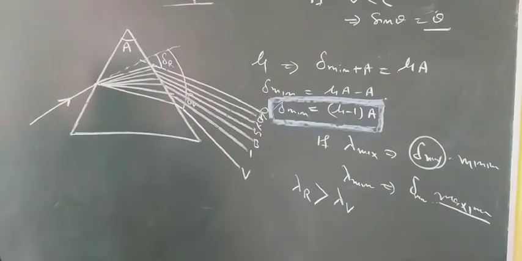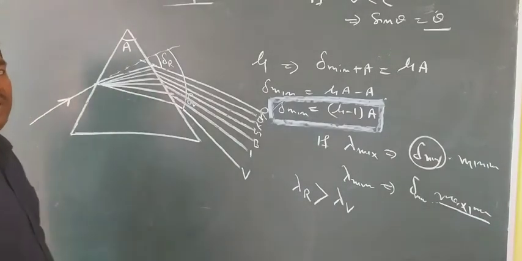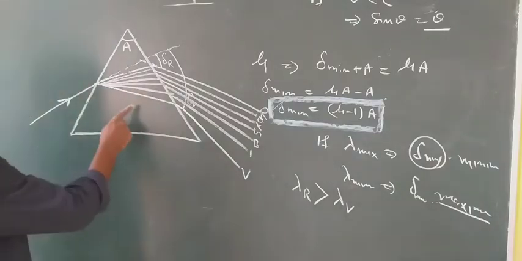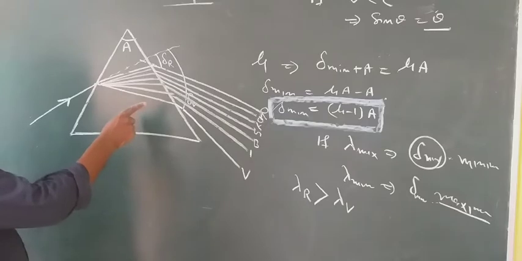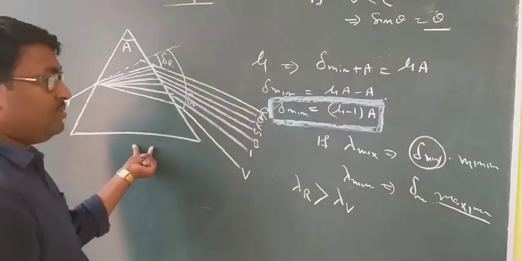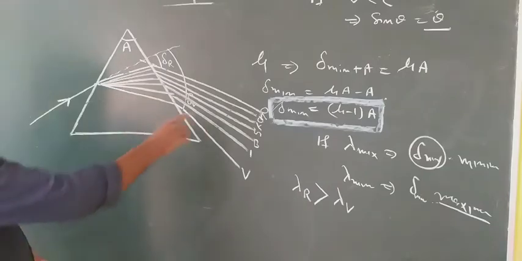Dispersion of light is the phenomenon of splitting light into its constituent colors when it passes through a prism. In this way you can write the definition of dispersion: the phenomenon of splitting of white light by a prism into its constituent colors is known as dispersion.